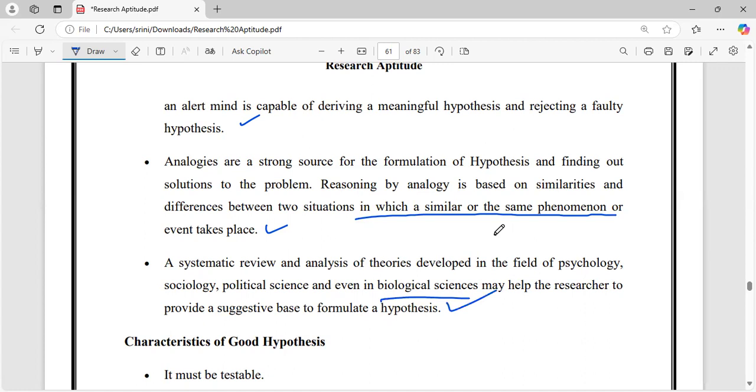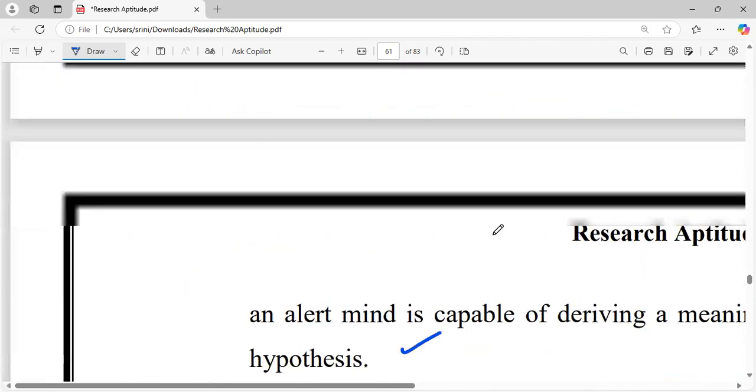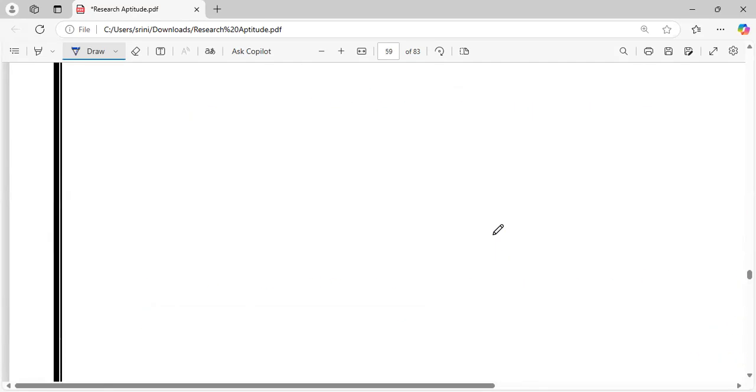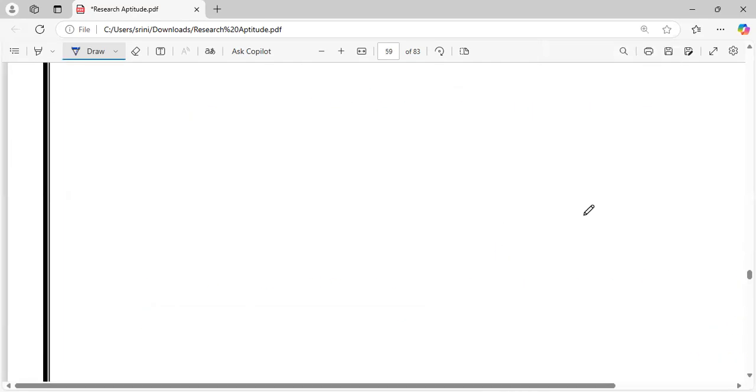So, for example, we select a broad theme of problem statements such as cybercrimes. What data needs to be collected here?